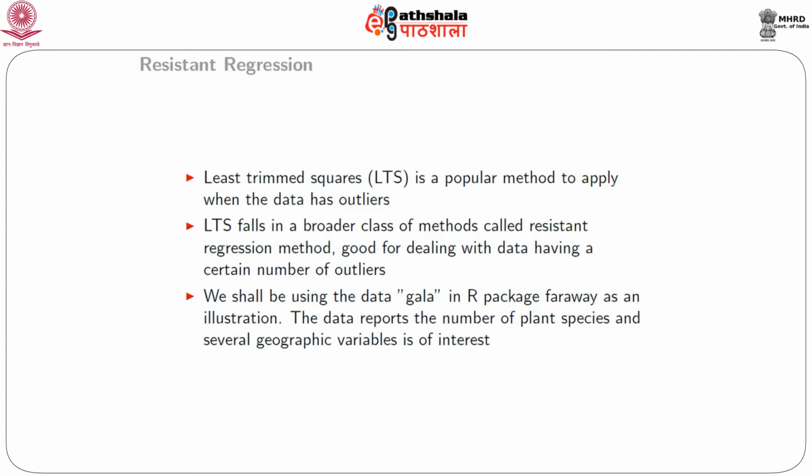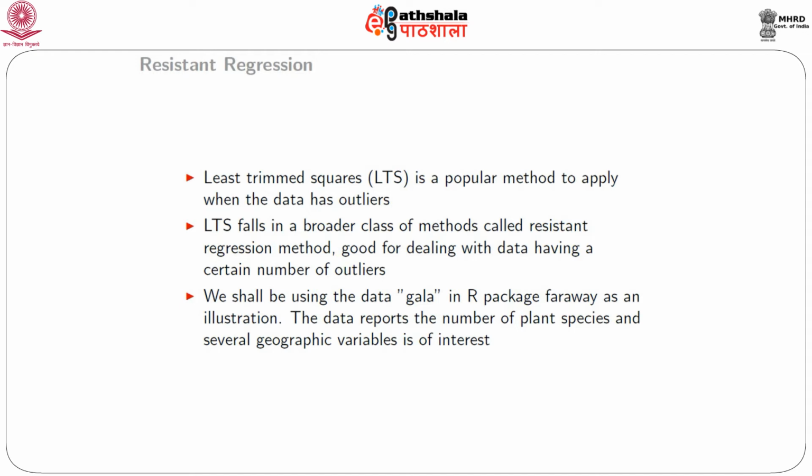This method, the LTS, is an example of a resistant regression method, and resistant regressions are good for dealing with data where we expect there to be a certain number of observations where we want to have no weight in the analysis. So, we have a certain number of outliers in the data, and we do not want any weightage on those outliers. In such a situation a resistant method comes in good.